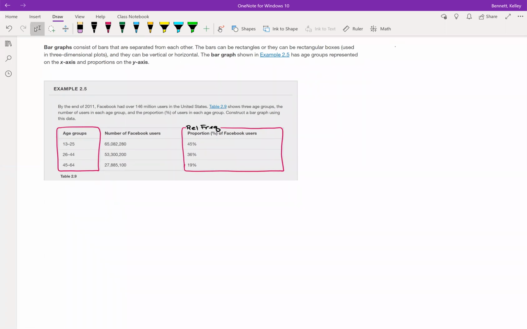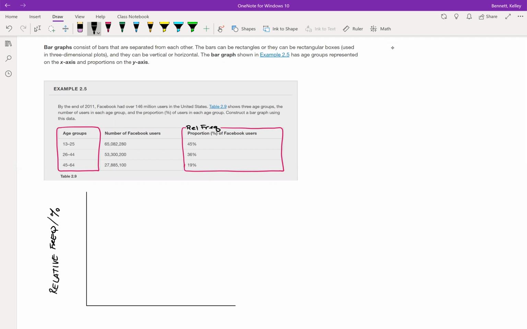So basically what you want to do is create something similar, except with rectangles. You're going to have the age groups on the bottom. You're going to have your frequency or relative frequency as your vertical axis, and then you're going to plot. So we can go ahead and label our relative frequency here. Right, so I'm really talking about percentage.